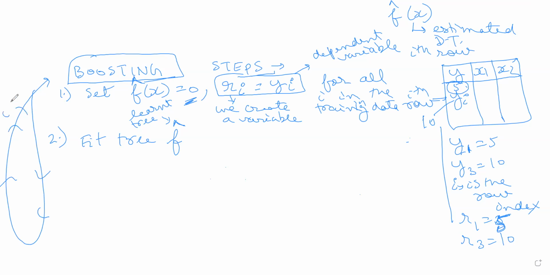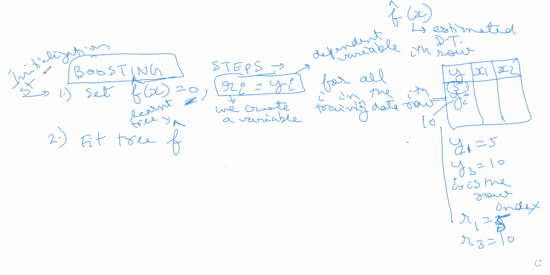Every time it goes to step 1, this fx equals 0 thing will keep on changing later. So the 0 will keep on updating. But as of now, the initialization is that there is some decision tree which gives me the value of 0. That's an initialization. Just an initialization. Is it okay? Yes. Okay.